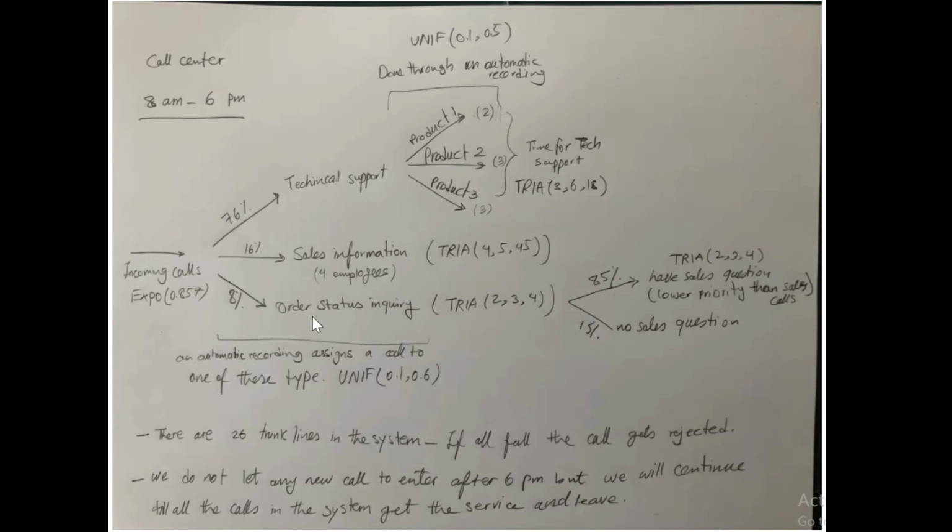And if the call is an order status call, order status calls do not need any person to answer the call. These calls are answered automatically by the automatic recordings, and the time to answer these calls takes any time between 2 minutes to 4 minutes, triangular distribution with mode 3.